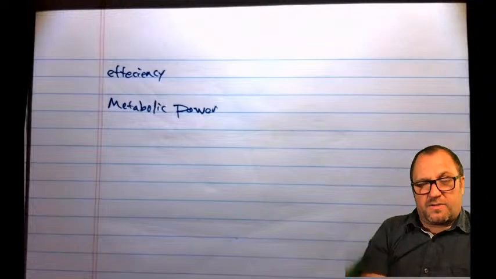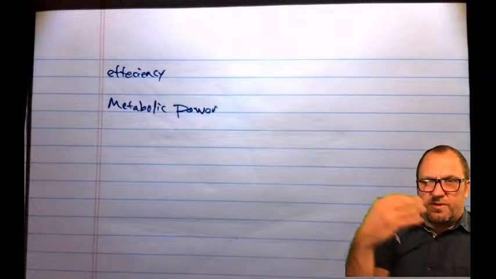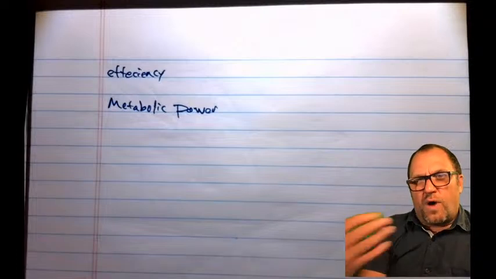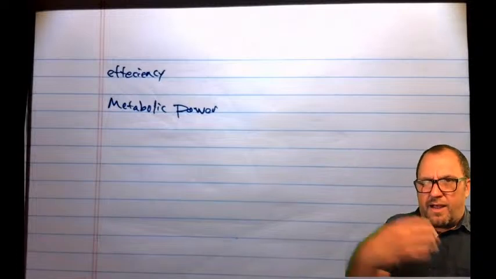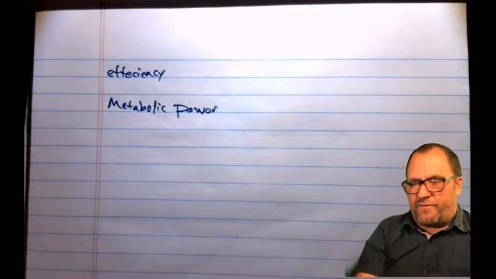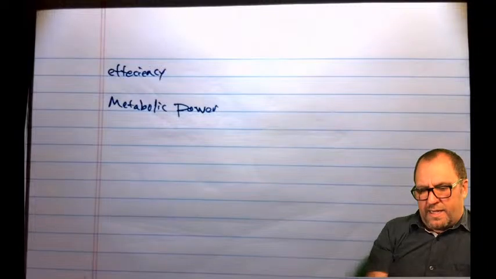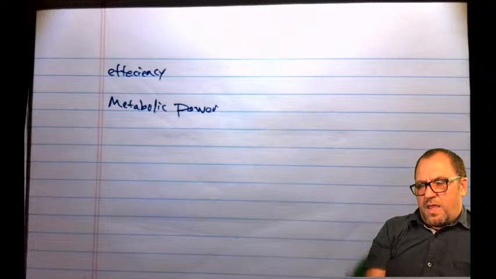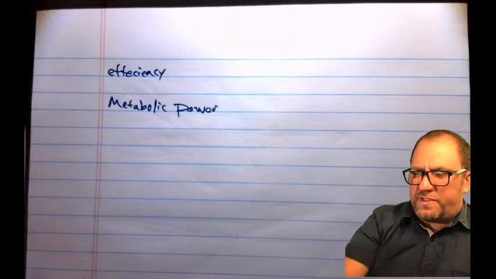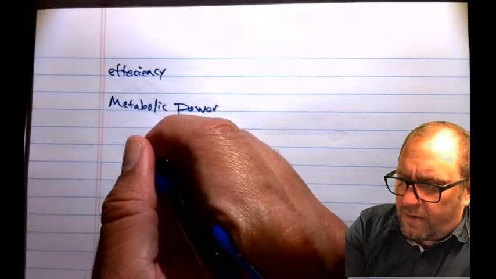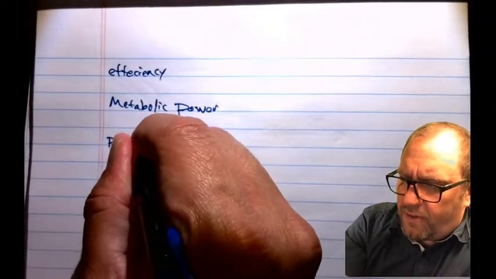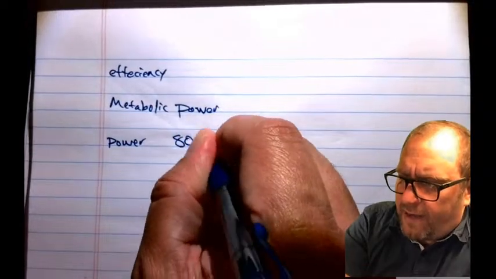So humans are about 25%. So if I need to supply, say, 80 watts of power, then I would have to have more than that. So let's say if I need 80 watts of power and I am 25% efficient, then my power to pedal the bike, I need 80 watts.